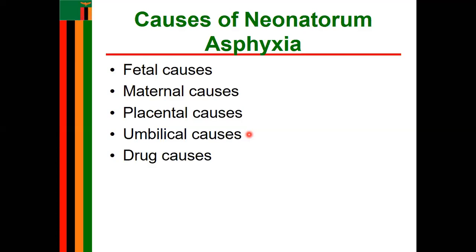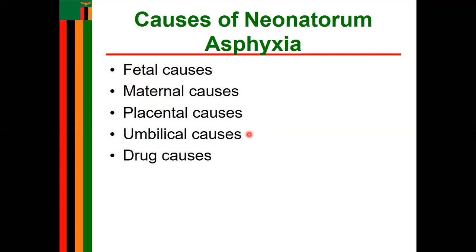Those are umbilical abnormalities, meaning the umbilical cord is not nicely embedded in the placenta. Apart from that, cord prolapse is another umbilical cause. Compression of the cord for any reason, especially in cord prolapse, and also malpresentation are other causes.